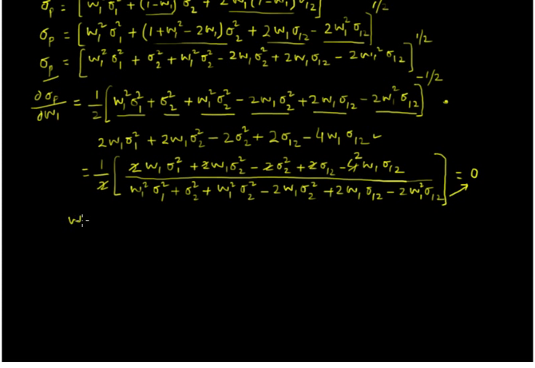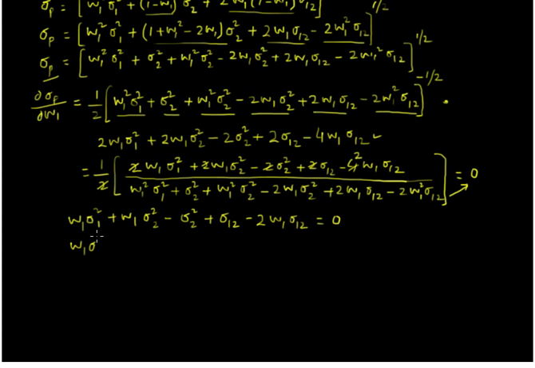We have W1 times variance of 1 plus W1 times variance of 2 minus variance of 2 plus covariance between 1 and 2 minus 2 times W1 times covariance between 1 and 2, and all that is equal to 0. Let us write the W1 terms together.